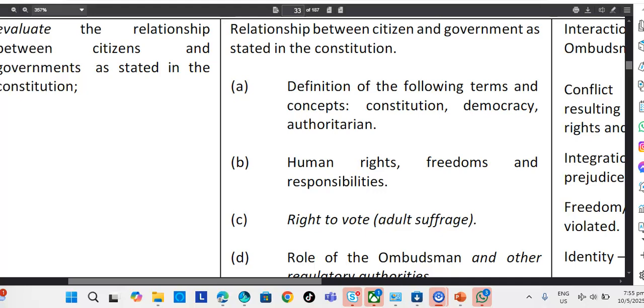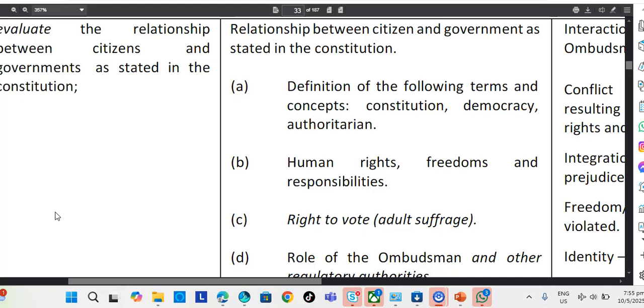We have the right of the individual to respect for private and family life, freedom of the press, freedom of association, freedom of thought and expression, freedom of movement, the right of the individual to equality before the law and the protection of the law, the right of the individual to life, liberty, security of the person, and enjoyment of property. And the list goes on.